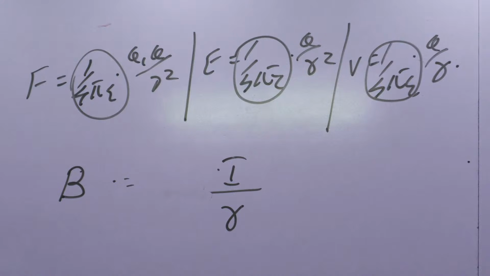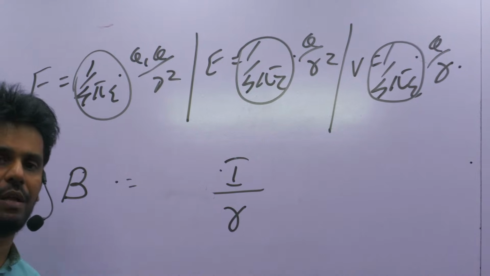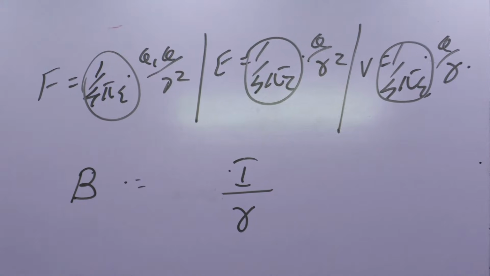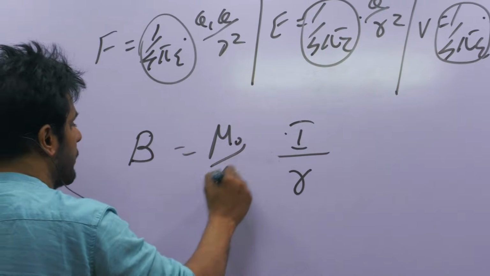Similarly, when you write an equation for magnetic field, in each and every equation there is a constant. That constant is mu naught divided by 4 pi.